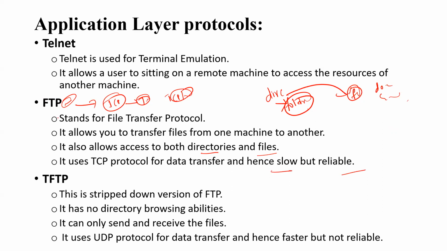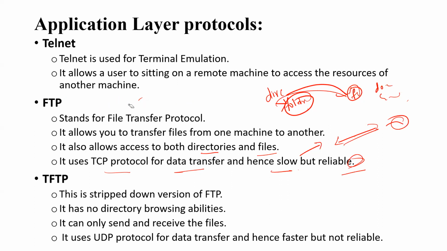But for now, remember that FTP uses TCP for data transfer, either transferring files or directories. It is slow but reliable connectivity. Slow means the data transfer will be slow, but there is a 100% guarantee that the data will be delivered to the destination. That is about the FTP protocol.